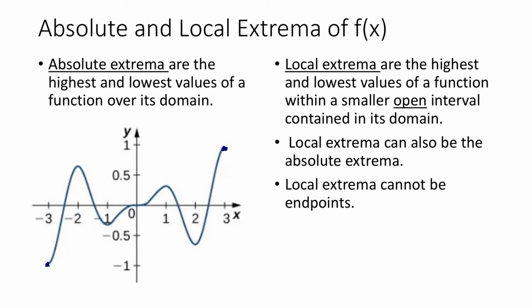So now we've got several peaks and valleys here within this domain from left to right endpoints. So we call these your local maxes, so local max, local min, local max, local min. This right here is an inflection point, so it's neither a local max or a local min.